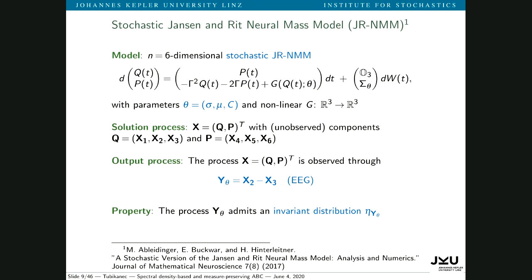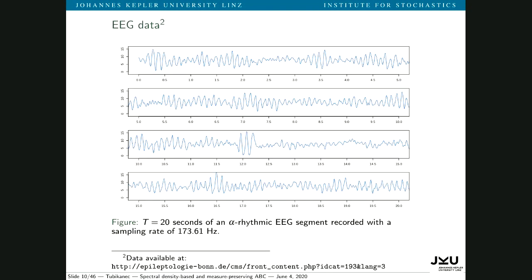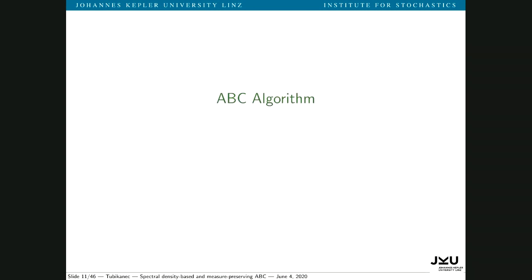Okay, and what we wish to do is to infer these 3 parameters, to infer theta based on such EEG data. Okay, and we will do this by applying the ABC approach.